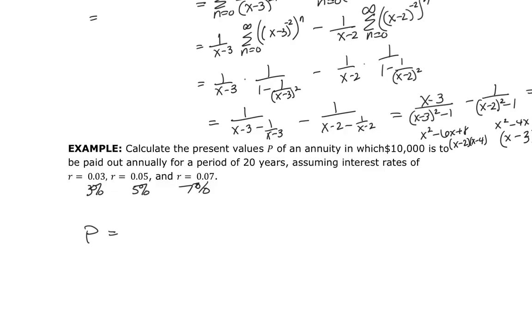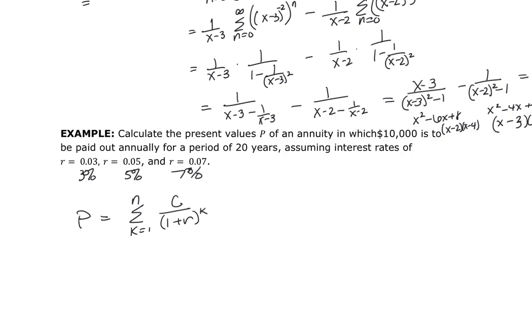The P, the present value, is a summation of k equals 1 to n of our C, which is the amount we want to get distributed every year, over 1 plus r, that's our interest rate as a decimal, raised to the k.